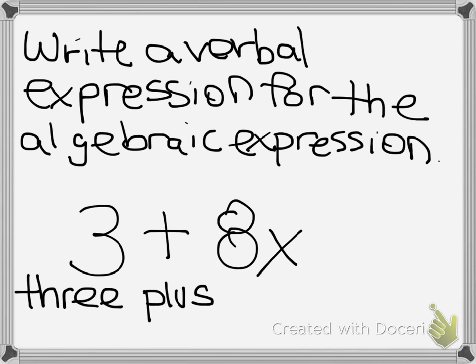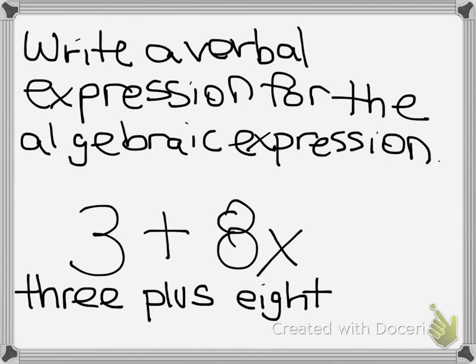Again with the 8, I would write out the 8 as a word. And when you have a variable next to a number without any symbol, that means that we are multiplying. So this is multiplying 8 times x.